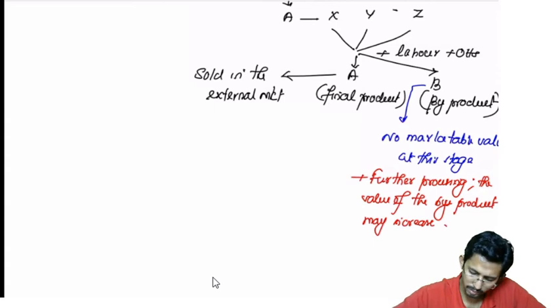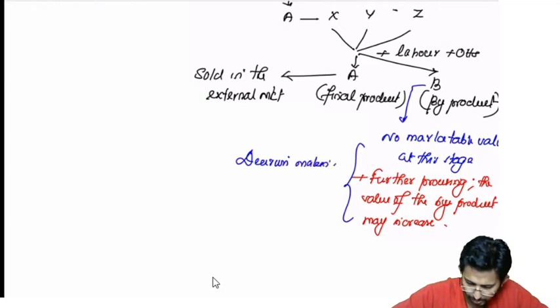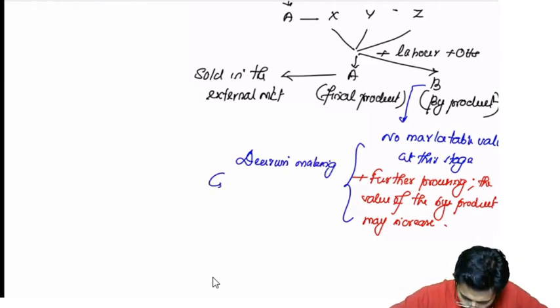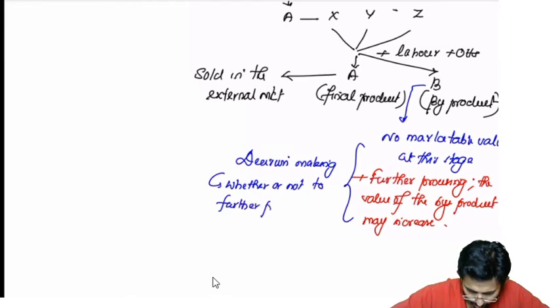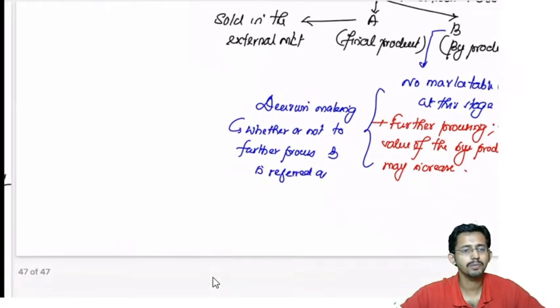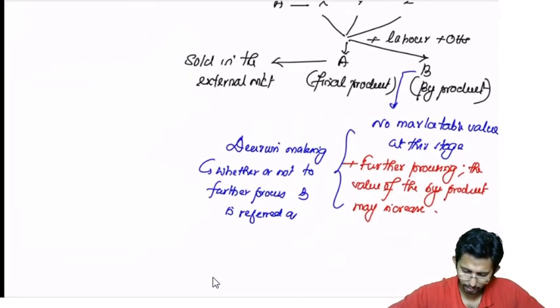So this decision making whether or not to further process B is referred to as sell or further process decision making.